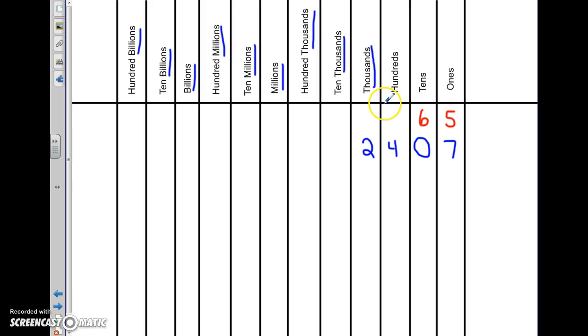And just like you don't want your neighbors living in your living room, we separate them a little bit, and we separate them with commas. So we've got these commas in between here. Typically you'll see a comma between the thousands and the hundreds.